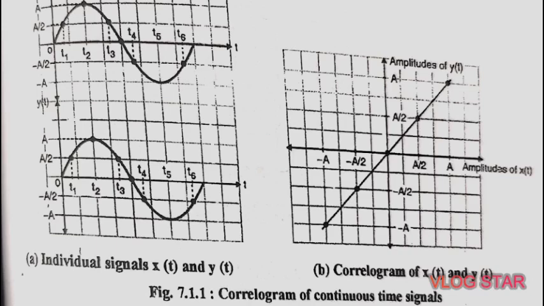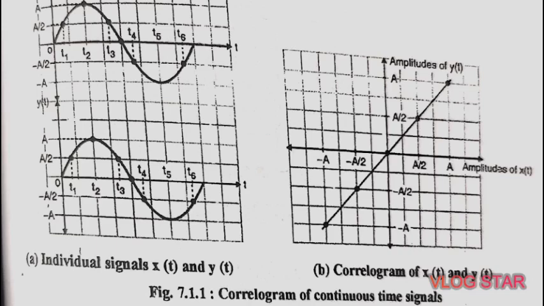We can see the amplitude of x of t goes from 0 to A, then A by 2, then towards the amplitude A. And for y, which has again the same amplitude, minus A, then minus A by 2, like this. At the end we will get a graph that is a straight line passing through the origin and inclined at 45 degrees with respect to the positive x-axis.